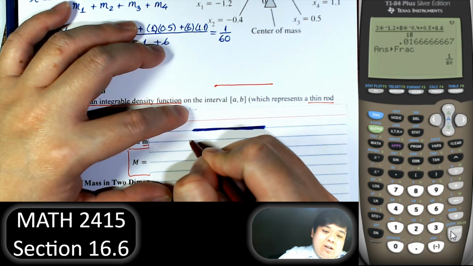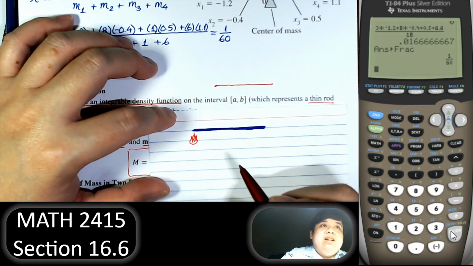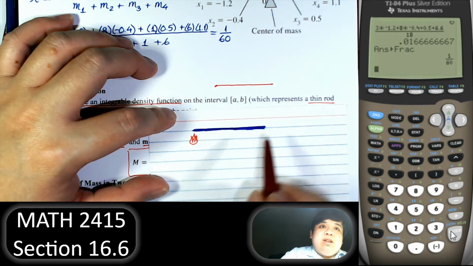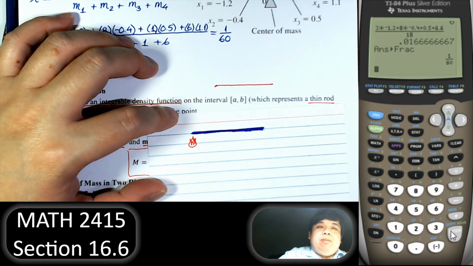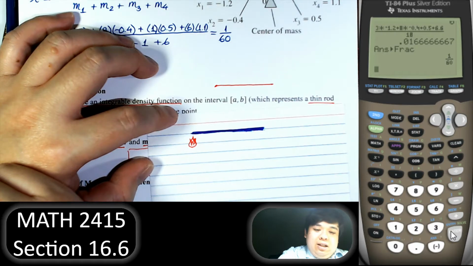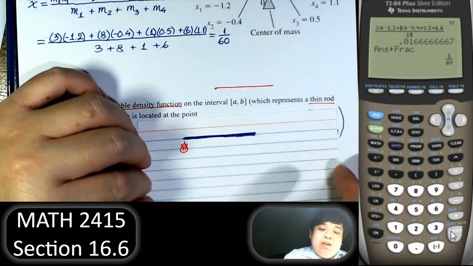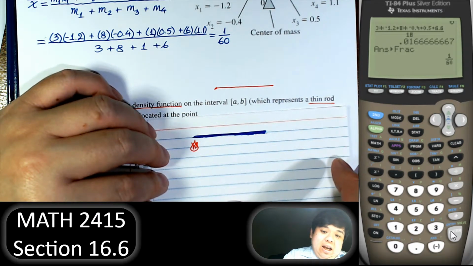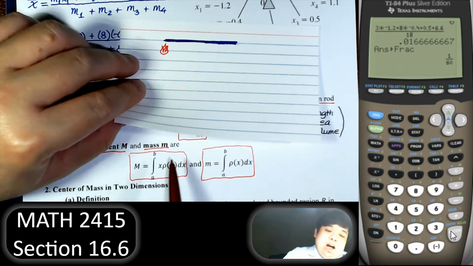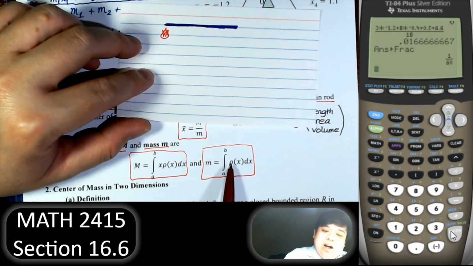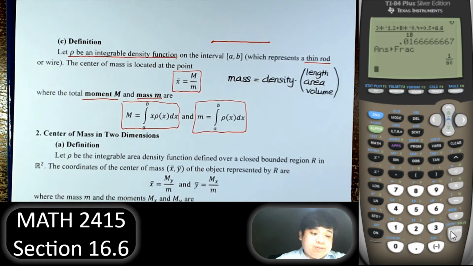If you burn one end real hot, the heat will transfer, right? So at each point there will be a different temperature, and just like that, each one of them has a different density at a different point. So when we do the summation, density times length gives us the mass.